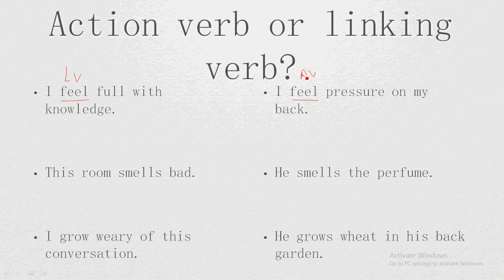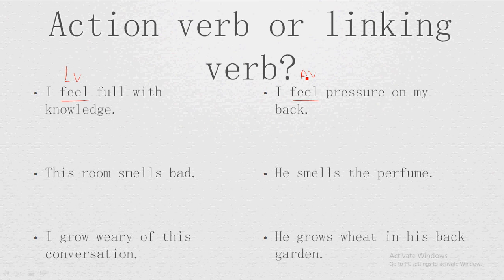Okay, this room smells bad. Compared to, he smells the perfume. This room smells bad. The room smells bad, but the room doesn't have a nose to suck air in, or to sense the aroma of that smell.